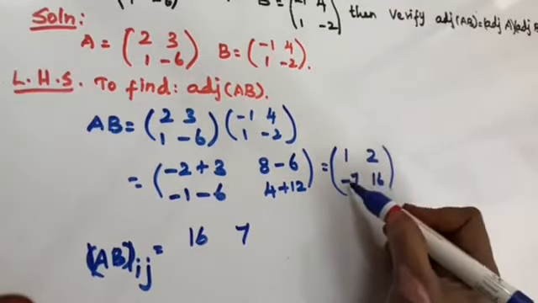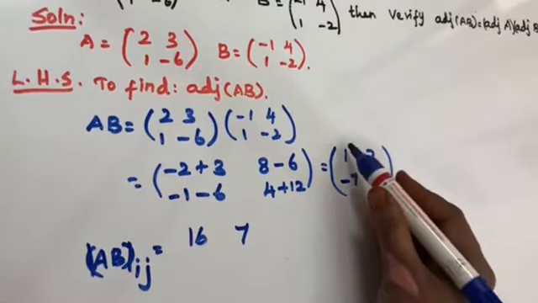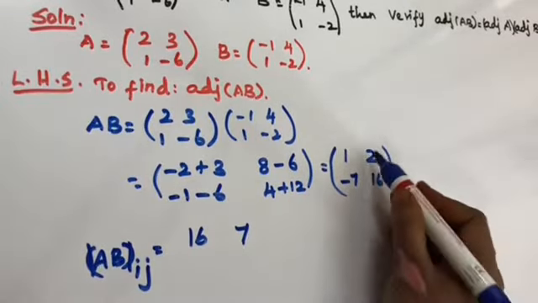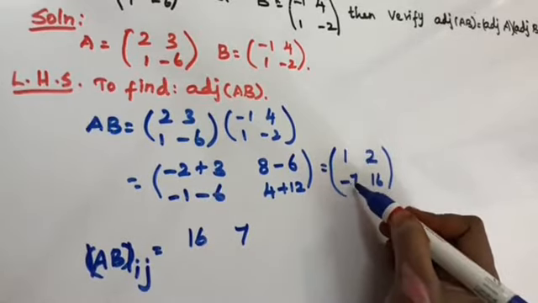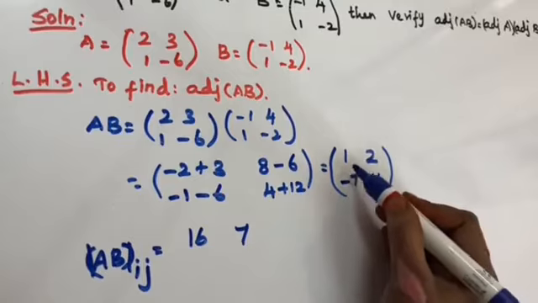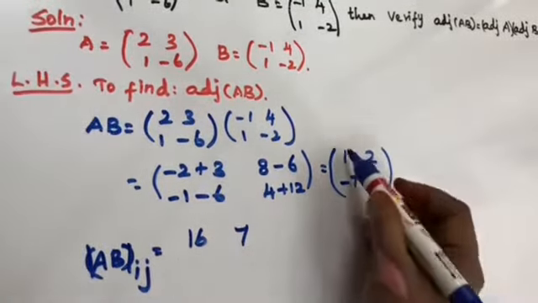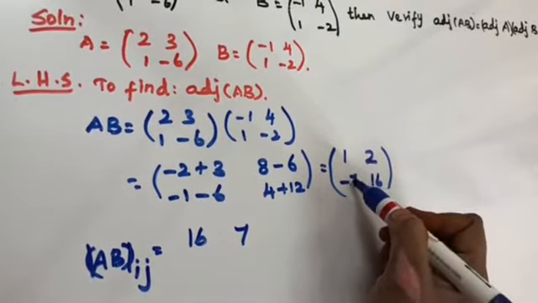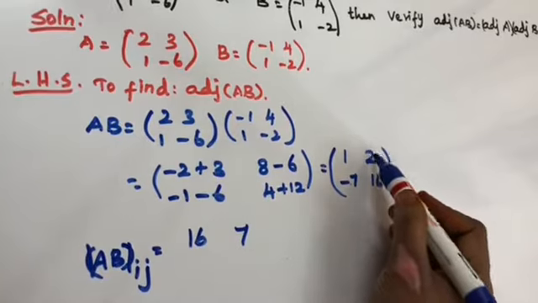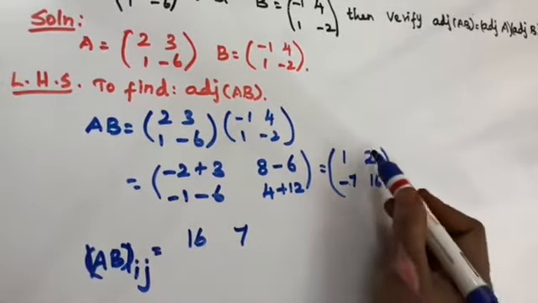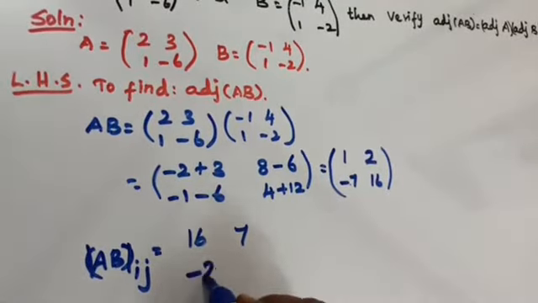Ignoring the row and column, you get 2, but this is in the second row, first position. So 2 plus 1, minus 1 power 3 comes. Do you understand what I am saying? Minus 1 to an odd power gives a minus; for even powers the minus goes away. So for minus 7, the cofactor is 2, but you should multiply it with negative, so it is minus 2.